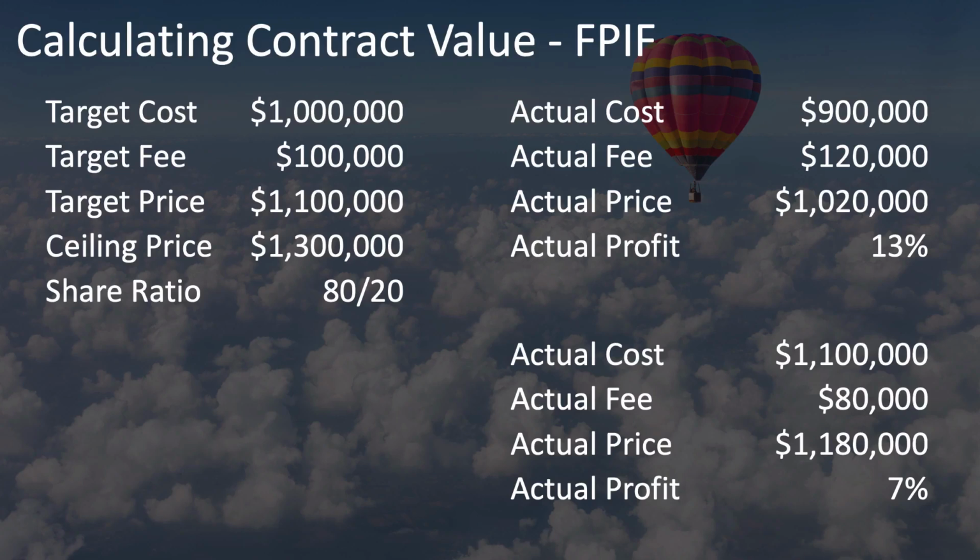The actual price, the total amount paid by the buyer to the seller, is then the actual cost plus the actual fee, which totals $1,180,000. The actual profit is the actual fee of $80,000 divided by the actual cost of $1.1 million, or 7%.